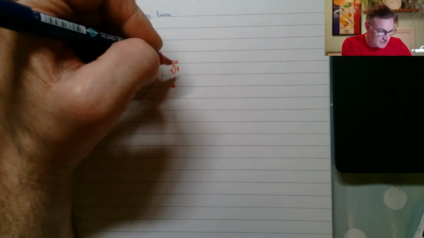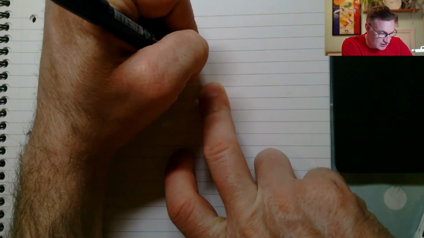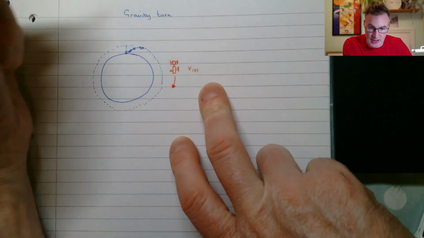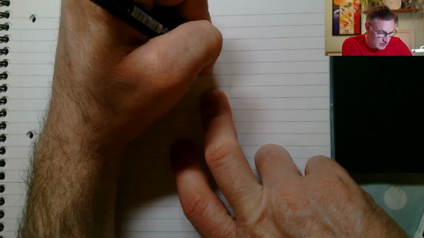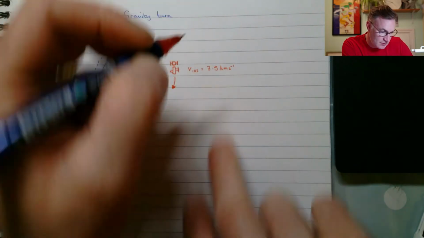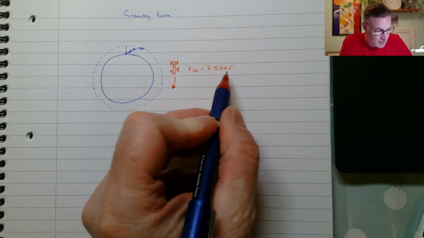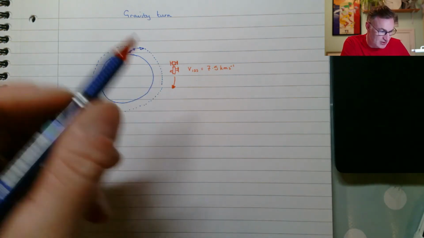The speed of the ISS, V_ISS, is around 7.5 kilometers per second, or 7,500 meters per second.